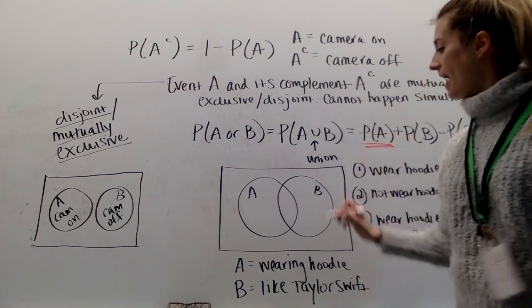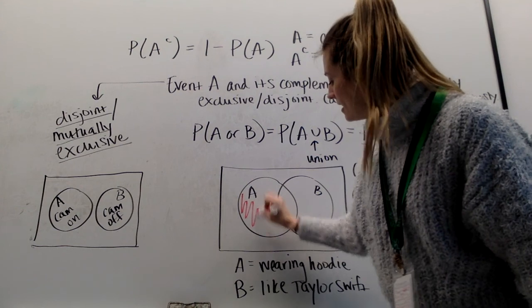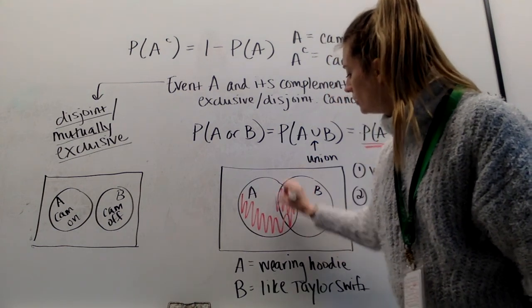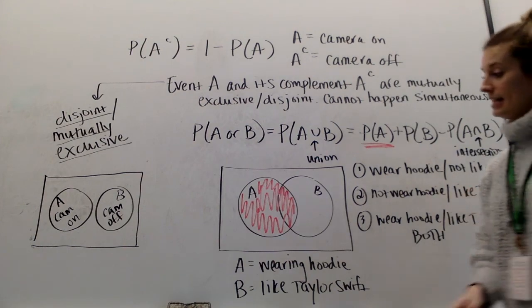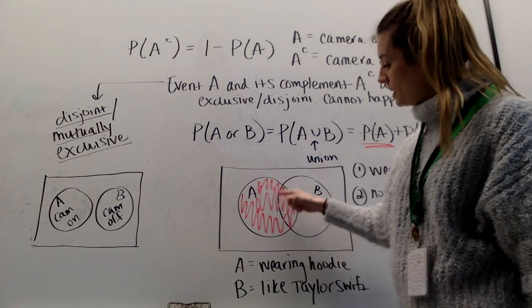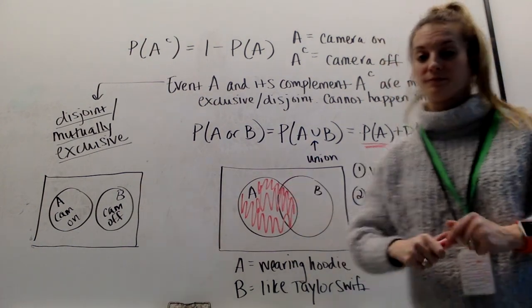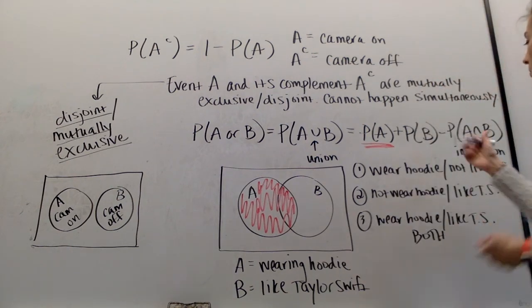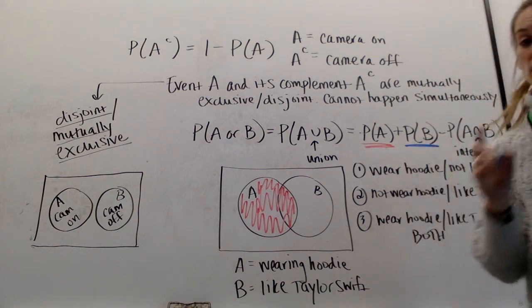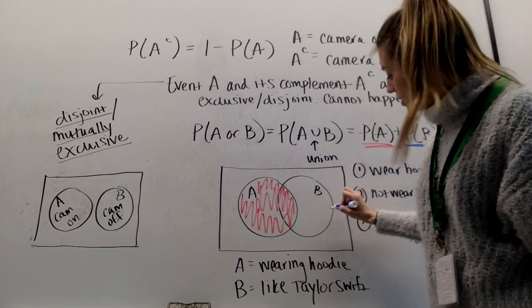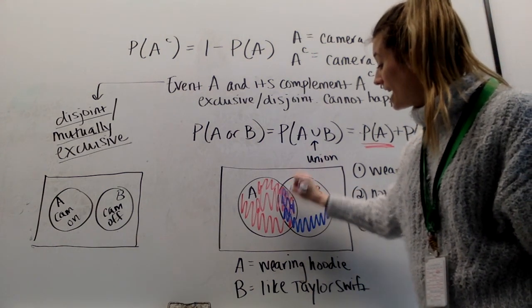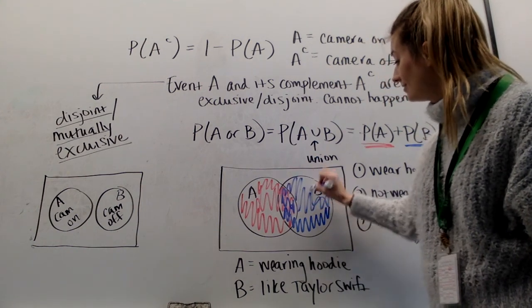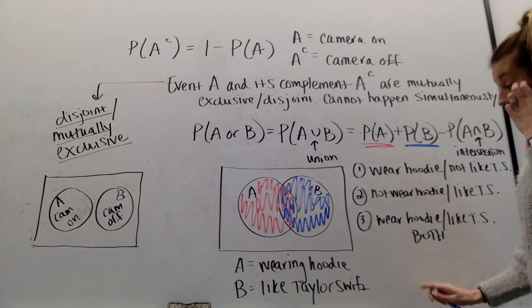The probability of A, that is this whole circle right there. That's the probability of A. It includes the A-only people as well as the overlap. Probability of B. Now watch what happens here. I am going to shade the entire circle for B, which includes the overlap that I already shaded. So what has happened here?